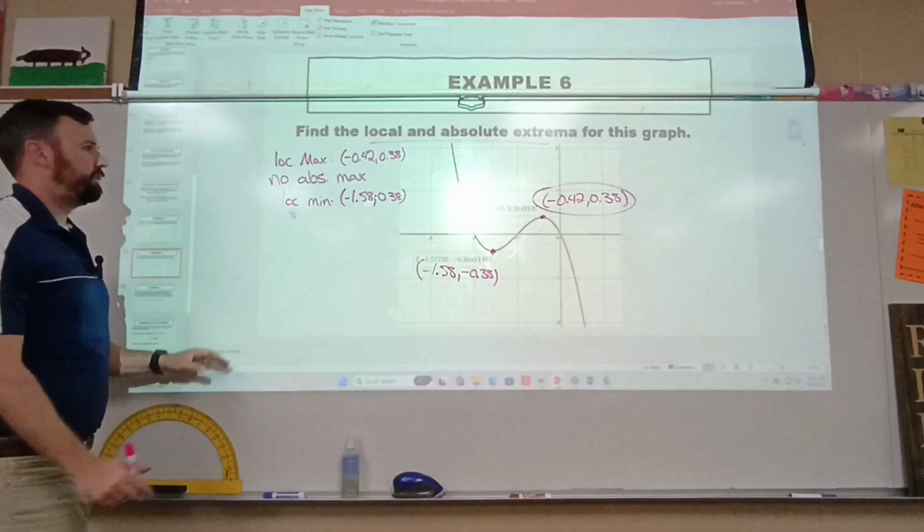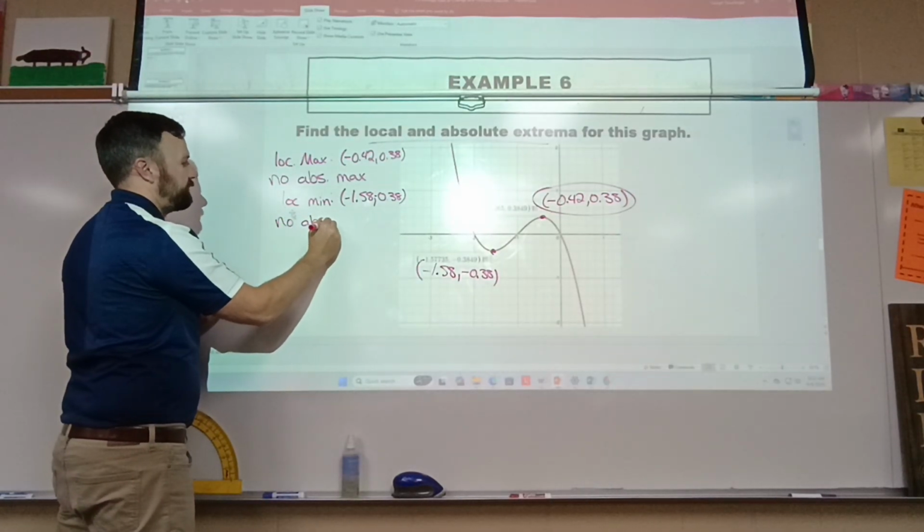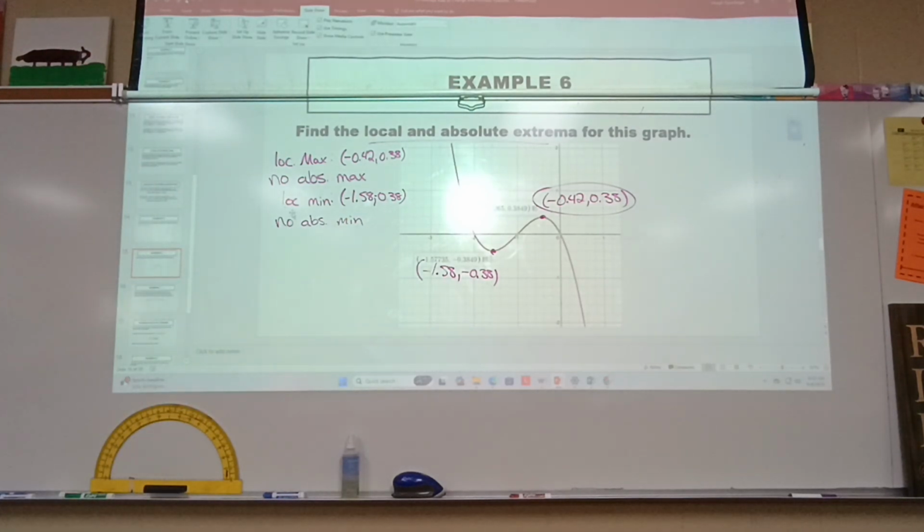It has end behavior. So that's our local min. We do not have an absolute min. Okay? Pretty much those two graphs for this class will represent every graph you'll see with increasing, decreasing, local. You know what I mean? Because we're not going to get too tricky yet.